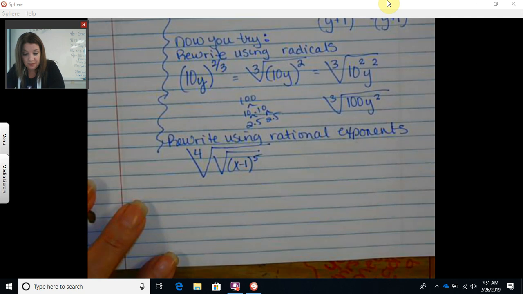So you're just rewriting it. Do the innermost radical first, and then the outermost, and just rewrite x minus 1 with a rational exponent.